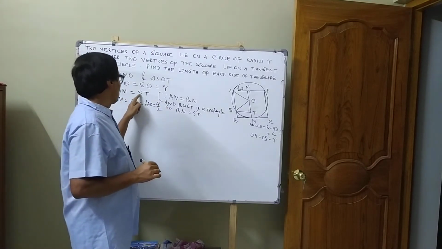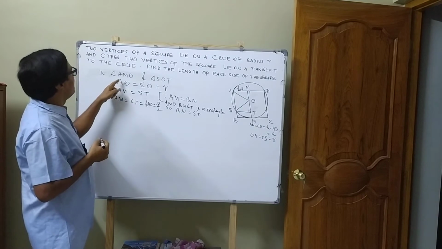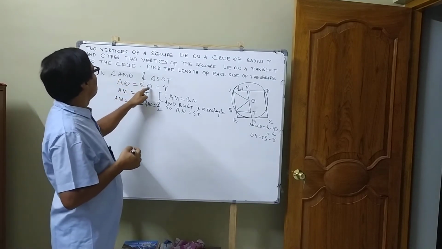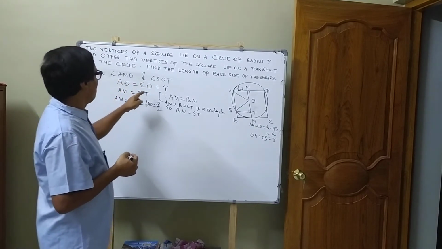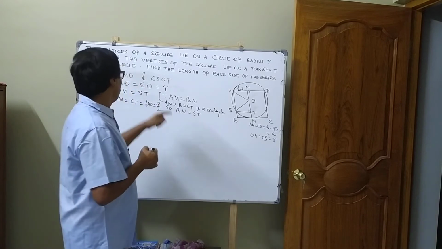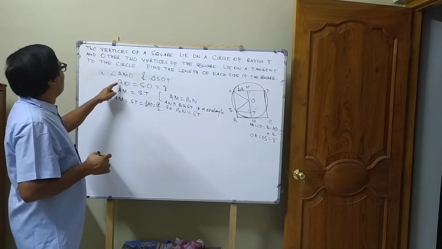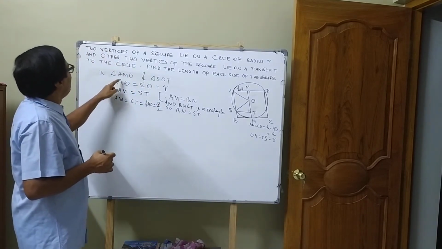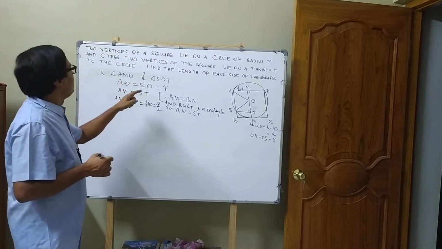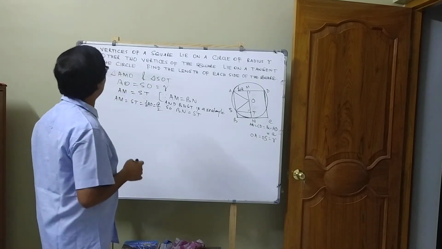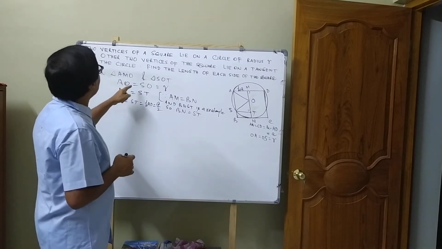So here two sides are equal, AO equal to SO and AM equal to ST. In these two triangles, AMO and SOT, two pairs of sides are equal.